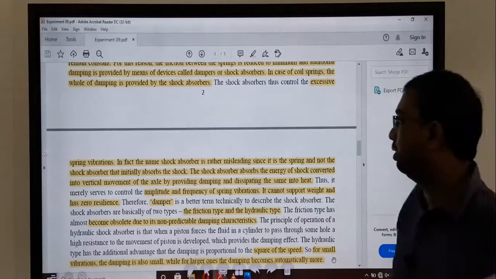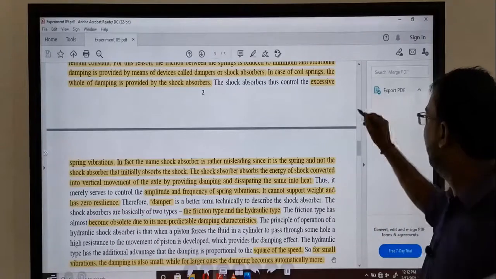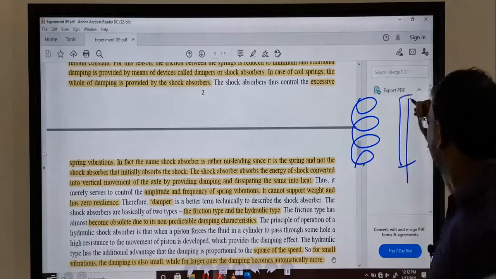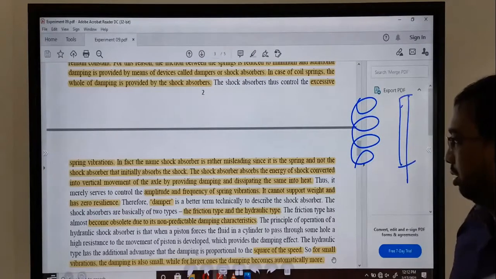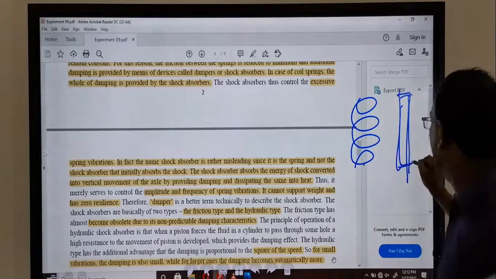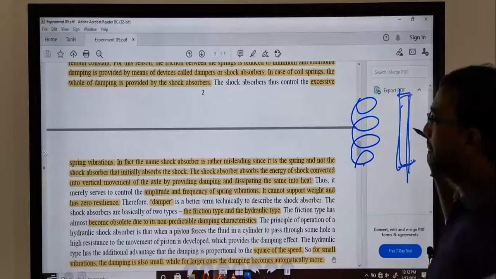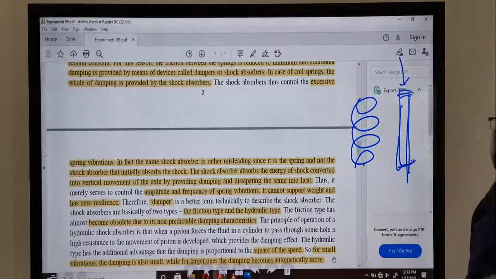So there is a confusion in the name. Shock absorber is rather misleading. What is a damper? Normally we call this shock absorber a damper. The perfect name for the shock absorber is damper.